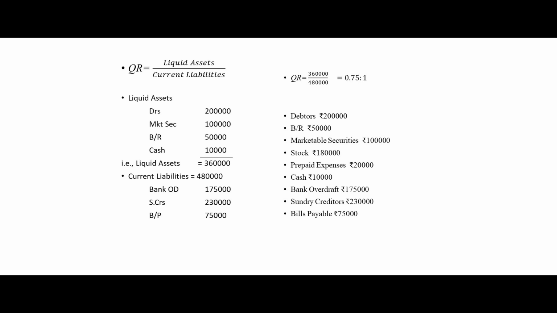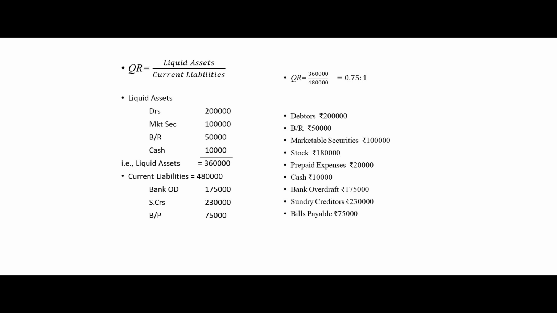Here, debtors is rupees 20,000, marketable securities rupees 1 lakh, bills receivable rupees 50,000 and the last one is cash, rupees 10,000. You can total these elements. It shows that liquid assets equal 3,60,000. The next component to find the quick ratio is current liabilities.